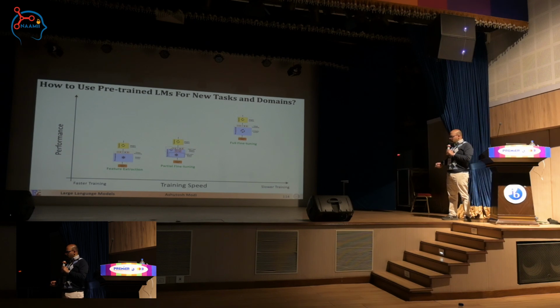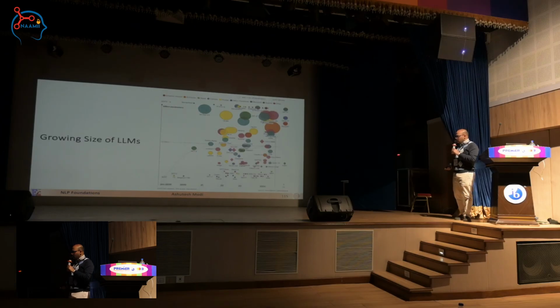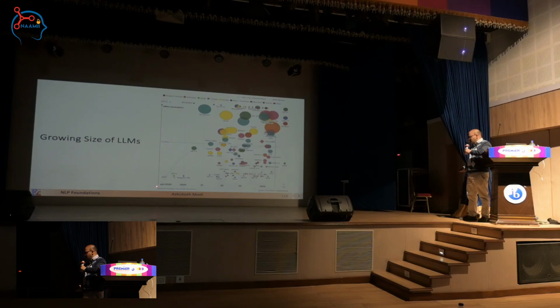So now, in modern day, the size of the LLMs is growing almost exponentially, right? If you see the size of LLMs starting from, let's say, before 2020, in just 4 years, it has gone from BERT being a few hundred million parameters to much more than 175 billion parameters, on the order of some trillion parameters.